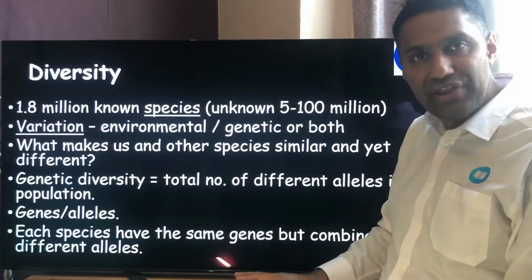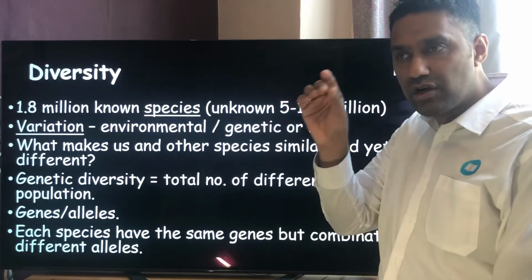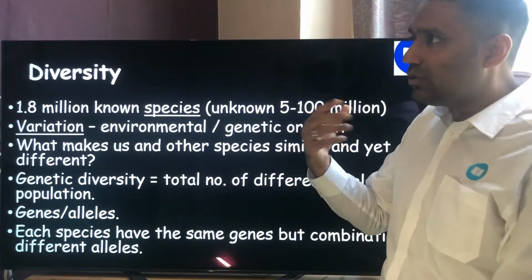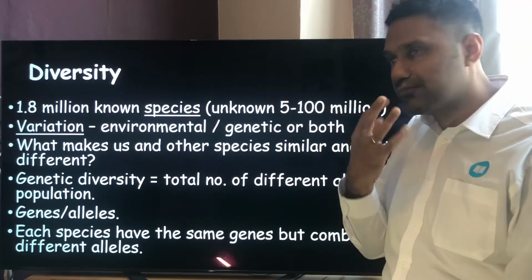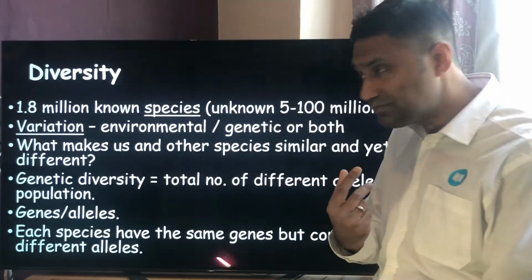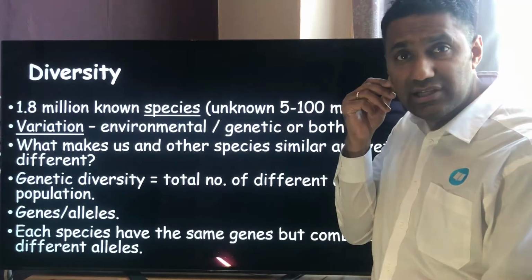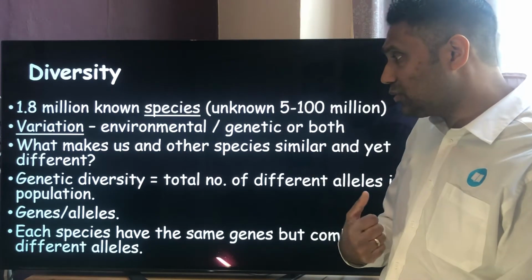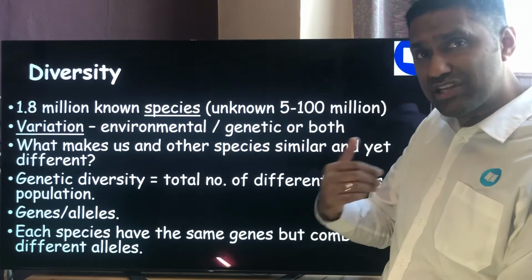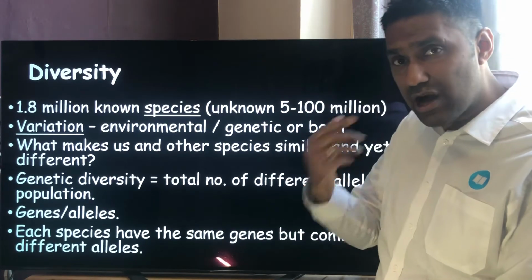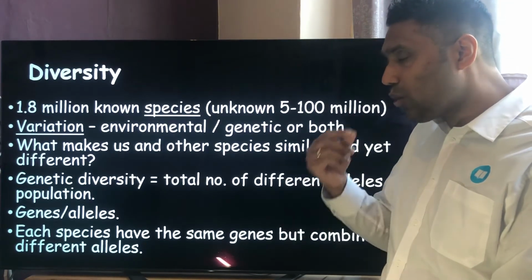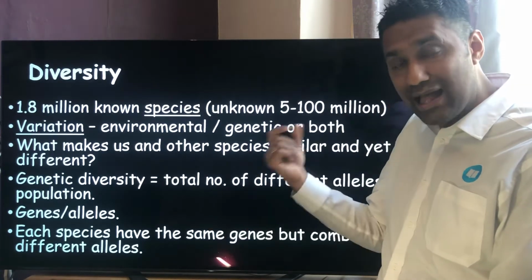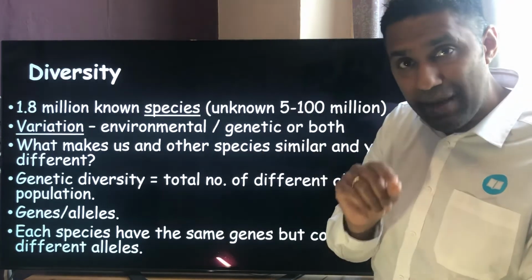We've all got the same genes because we've got a gene for a particular blood group, a gene for rolling tongue or not rolling tongue, or attached earlobes or not attached earlobes. We've all got the gene for eye colour. However, we don't all have the same alleles. The allele is just a different version of that particular gene.